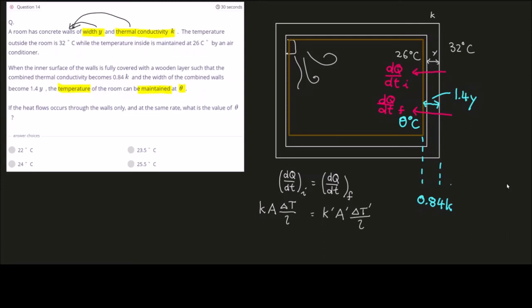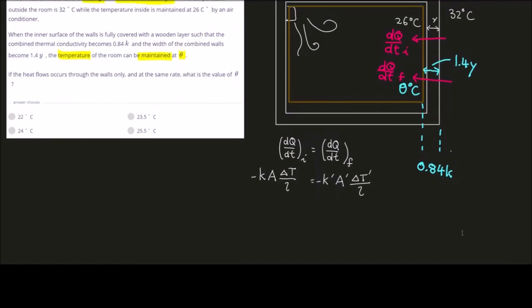I was thinking whether I should drop it or not, but let's just keep it there because that's our formula. So now let's express everything in terms of the old quantities. So K prime will be equal to 0.84 K.